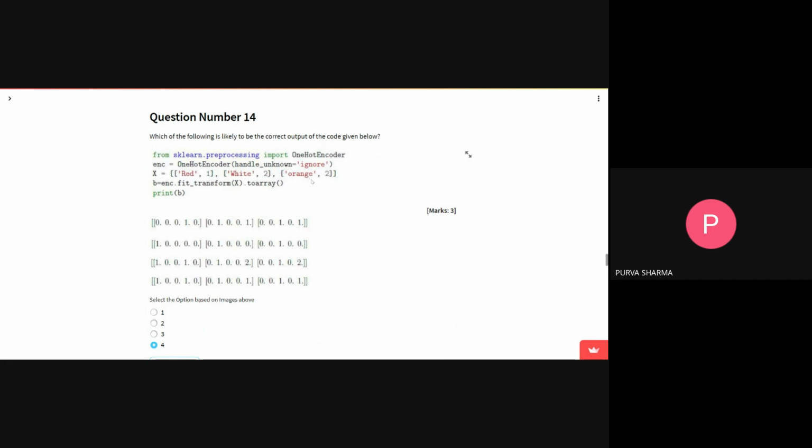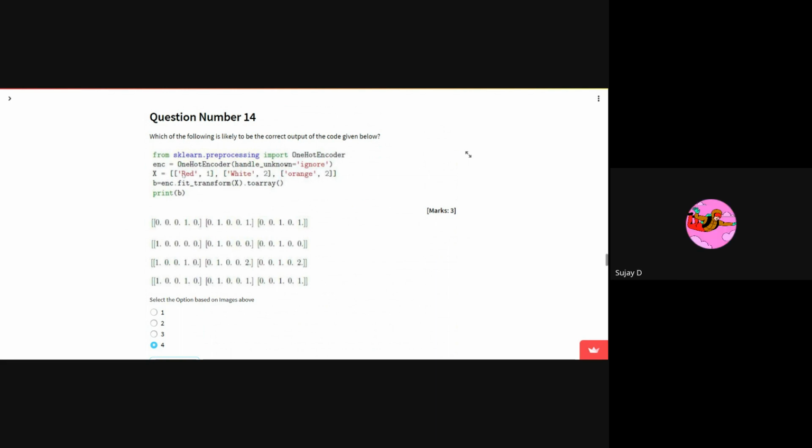Since 2 and 2 belong to the same category, and 1 will be a different category, it allocates only two columns for the numbers. Yes, only 2 columns for the numbers 1 and 2. Wherever 2 is present, it will mark 1 there.